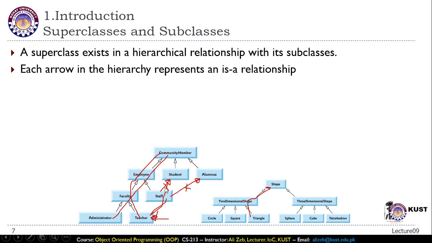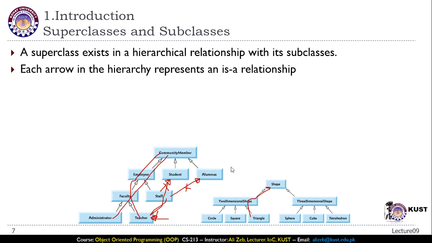But at the same time, if the staff, which is a subclass of the employee class, tries to inherit from the student class, Java will not allow us. Or if it tries to inherit from an alumni class, Java will not allow us to do this.